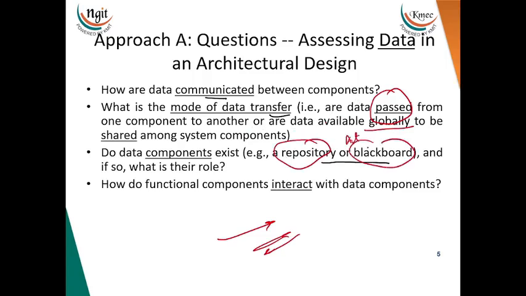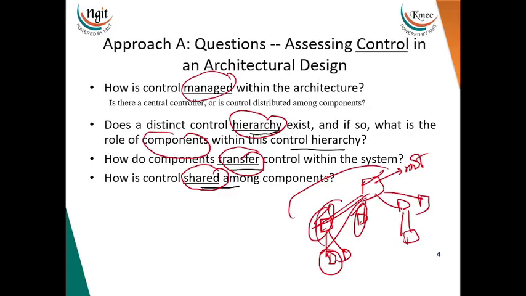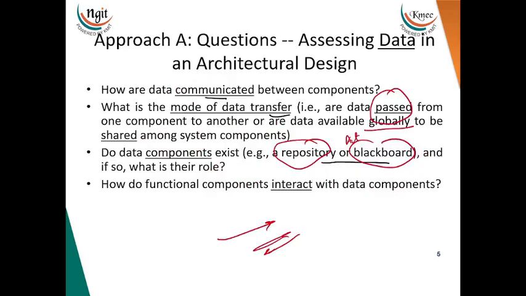Active means it reacts to changes: if I want to add one more connection, I can add it with no effect on the rest. Or passive. And how do the functions interact with each other? That's the point here. I hope you got this point.